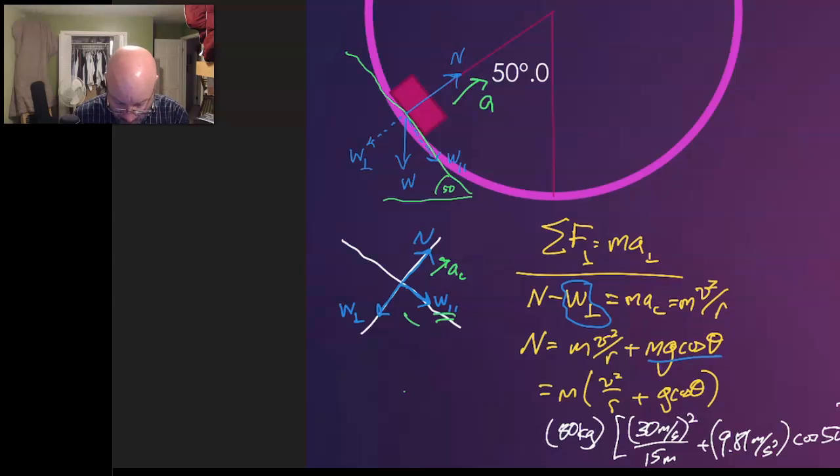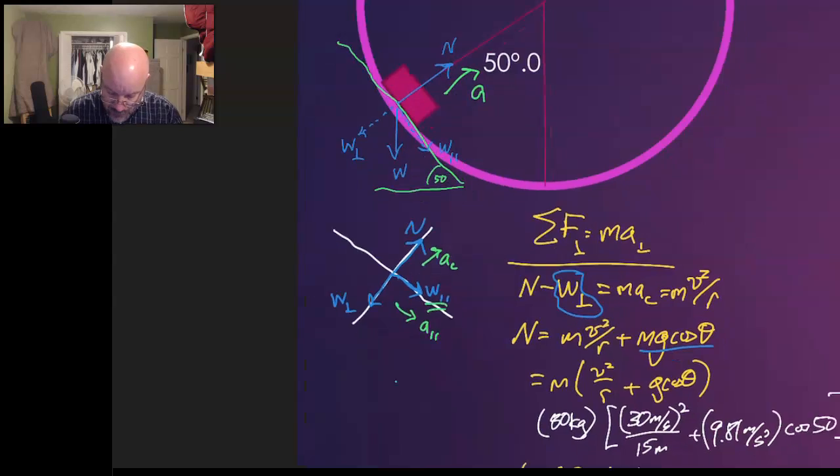So that means we've also got some acceleration this way. So let me call that A parallel. We've got some acceleration down that way, so this thing is trying to speed up. So it's accelerating on a tangent to its path, plus it's accelerating perpendicular to its path. That's the centripetal acceleration.